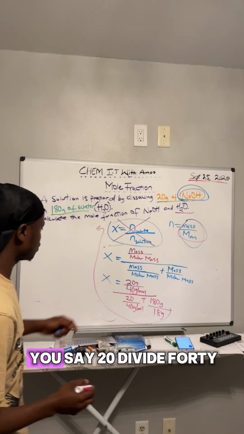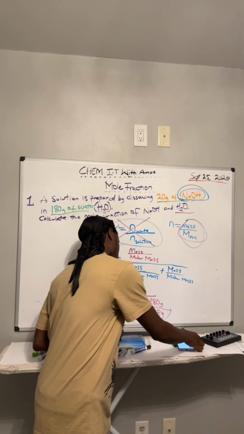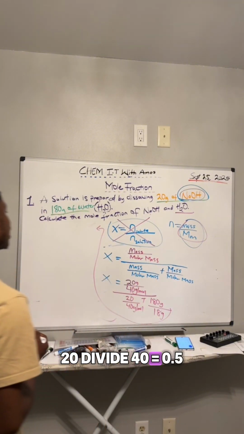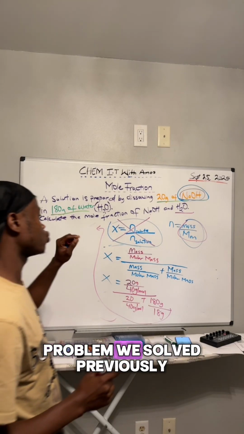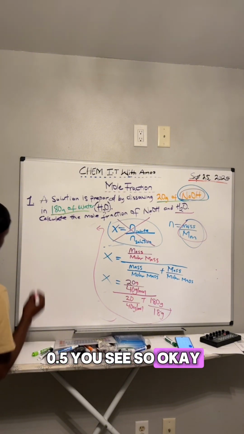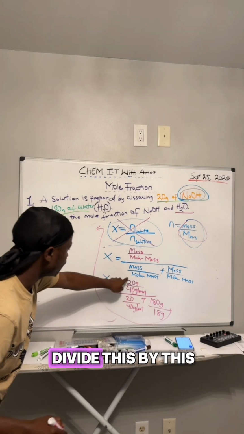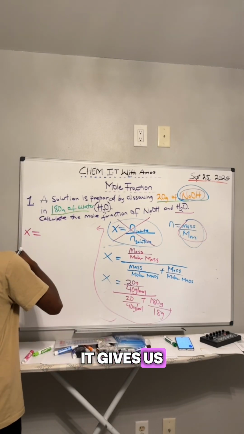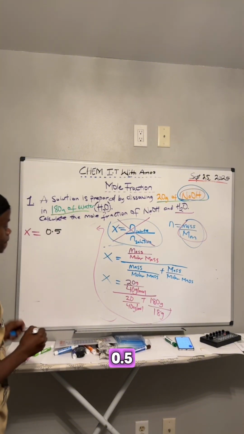So right here, if we say 20 divided by 40, it gives us 0.5. Hope you remember that in one of our problems we solved previously, we got that same 0.5. You see so? Okay. So we say mole fraction. This now, we divide this by this, it gives us 0.5.